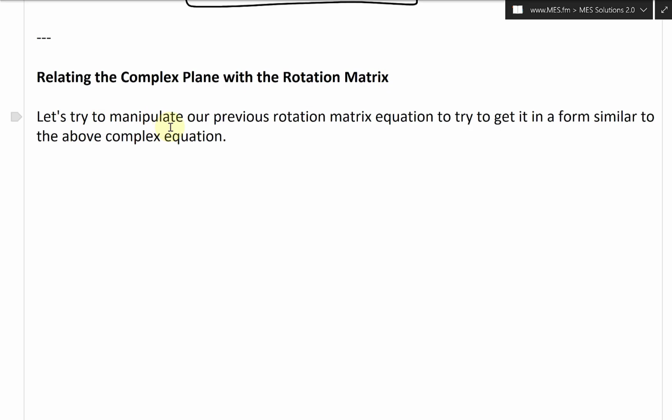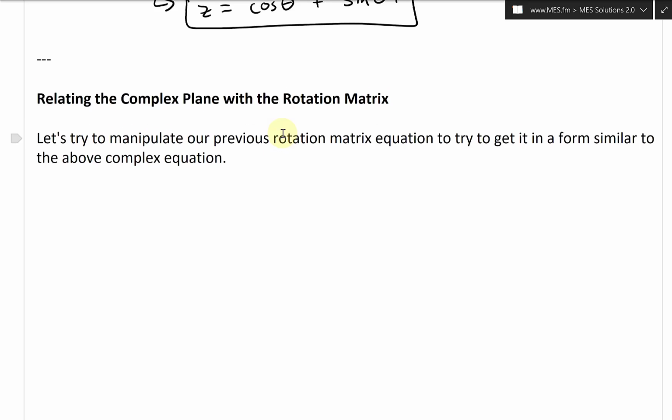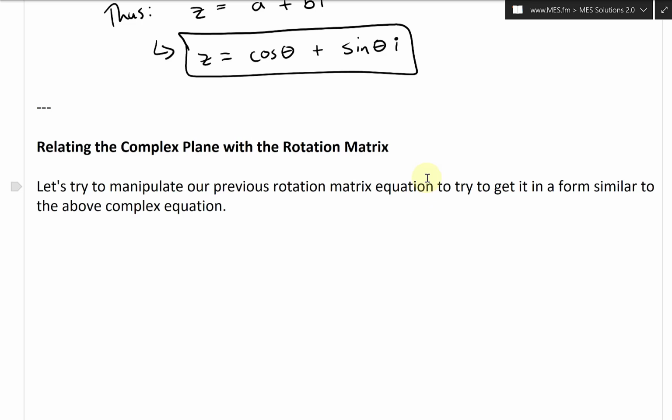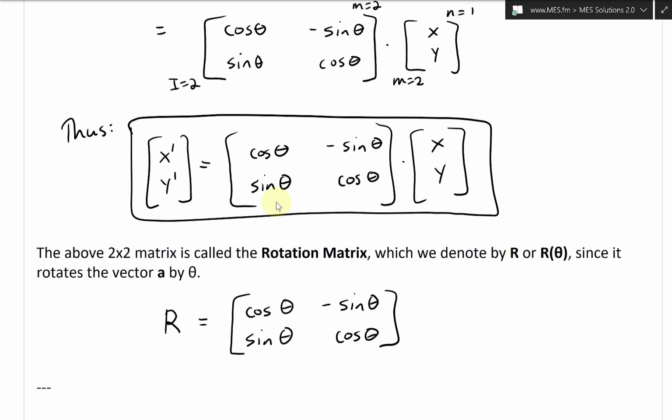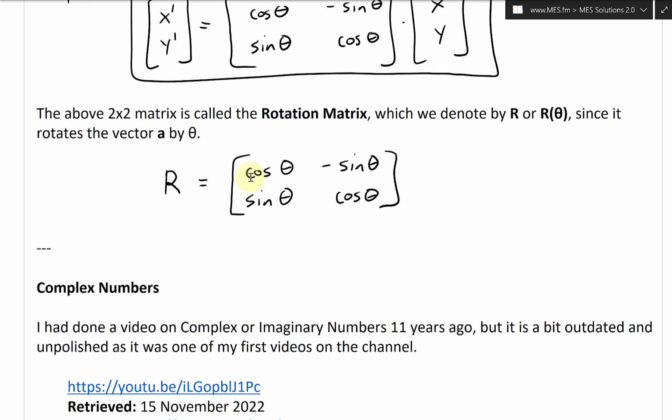Let's try to manipulate our previous rotation matrix equation to get it in a form similar to the above complex equation. So this is the complex number, and now let's take a look at the R matrix. Here R equals cosine theta on the forward diagonal, and the sines on the opposite, backward diagonal.